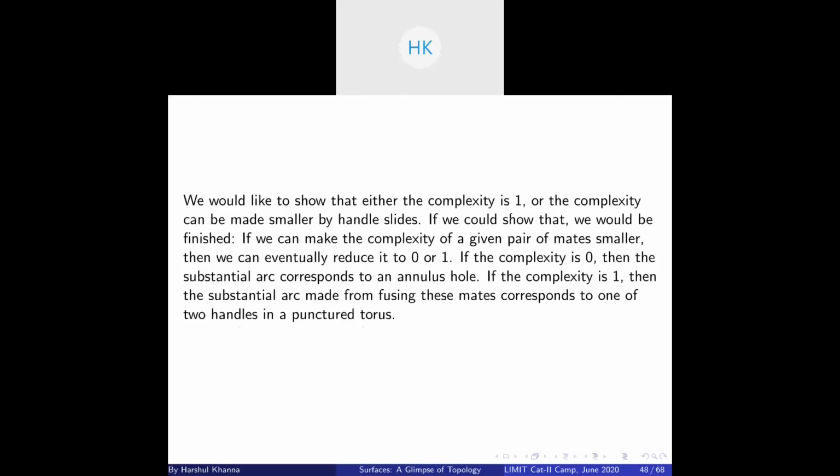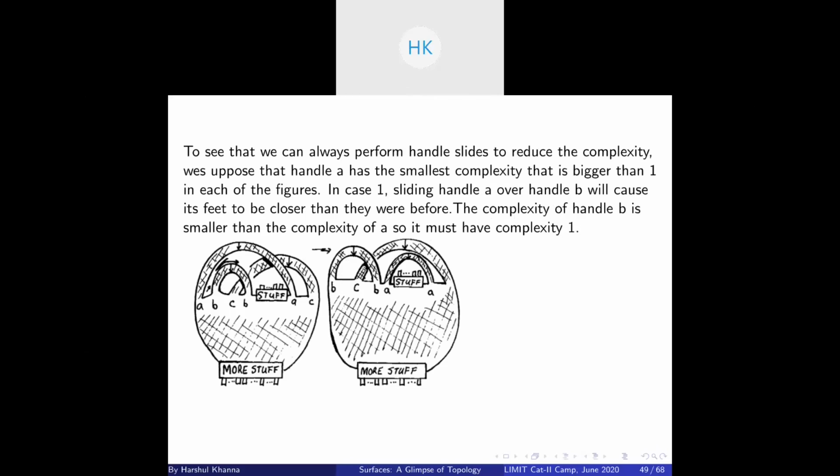So we will know that these mates correspond to one of the two handles in the punctured torus or in an annulus hole. To see this, we can always perform handle slides. We will consider three cases which are exhaustive. The first case is essentially, suppose we consider this A, which is the mate with smallest complexity bigger than one.